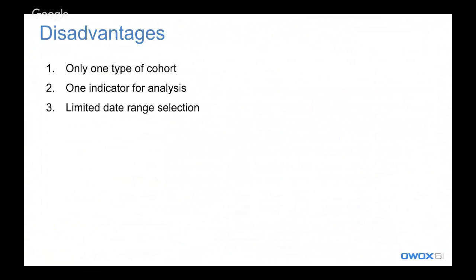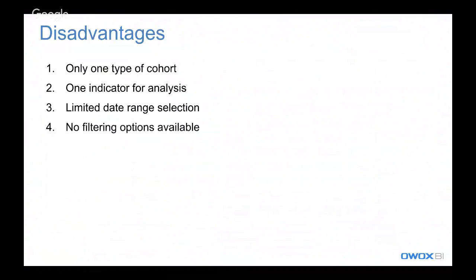Then, limited date range selection. For example, for a cohort size by months, it is possible to select a maximum of 3 months, but sometimes you want to see 6 months or even a year.